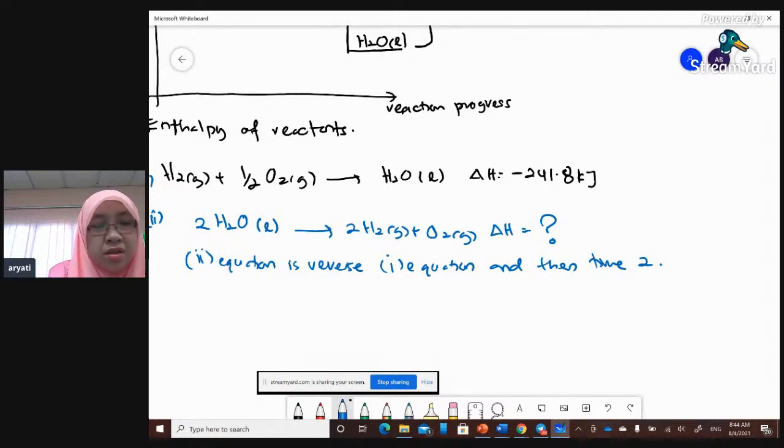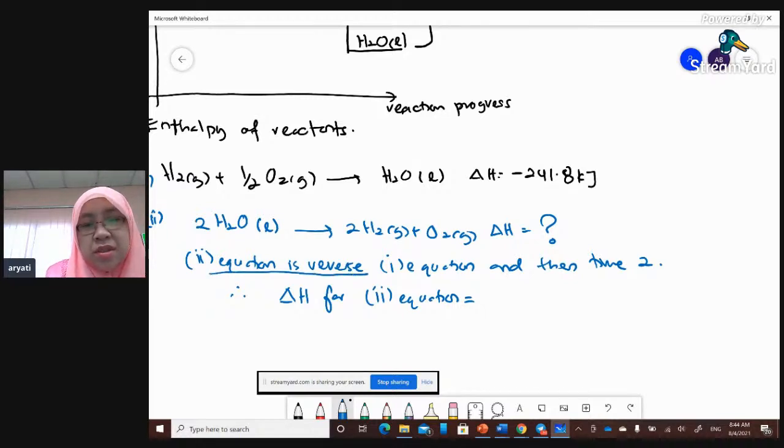Okay, so therefore the value for delta H for the second equation will be, if it is the first equation reversed, then from negative 2 for 1.8 it becomes positive 2 for 1.8 kilojoule, then times 2, multiply by 2.